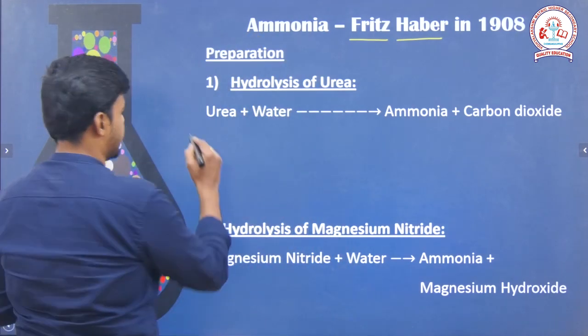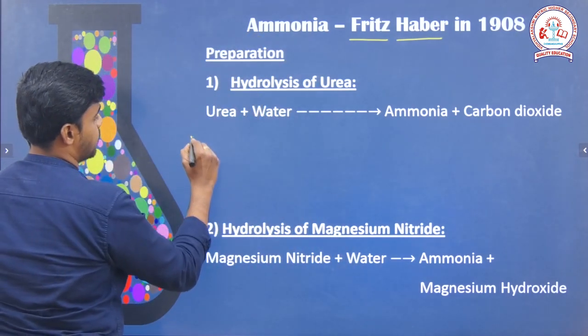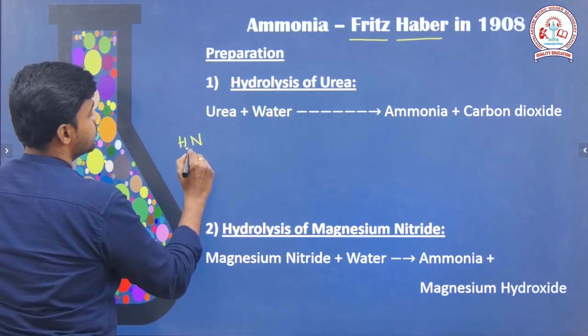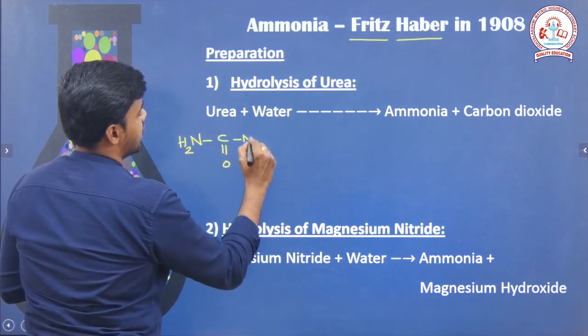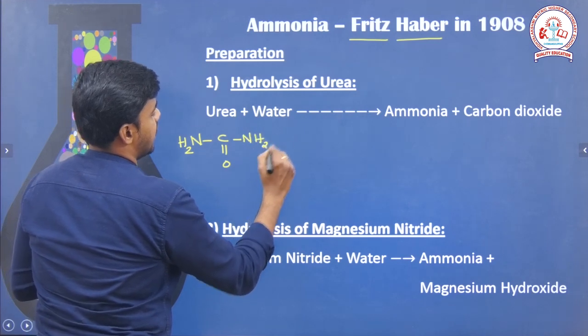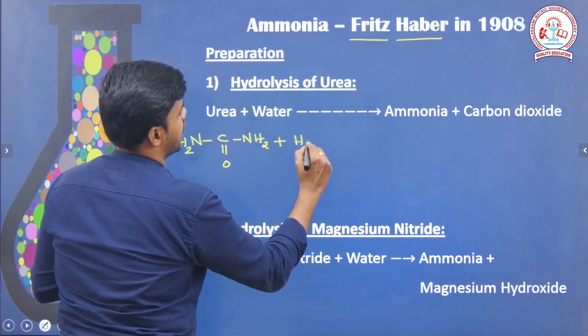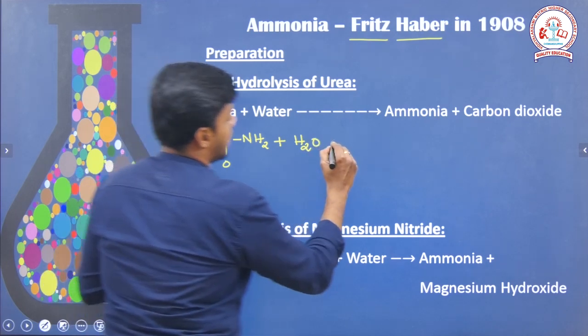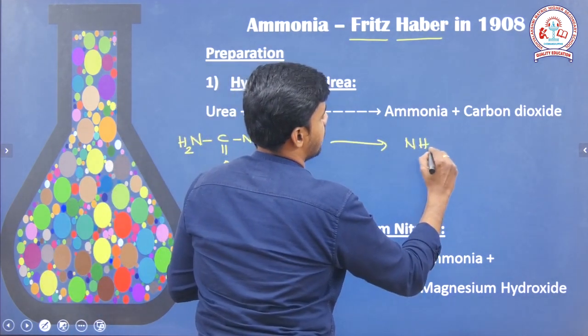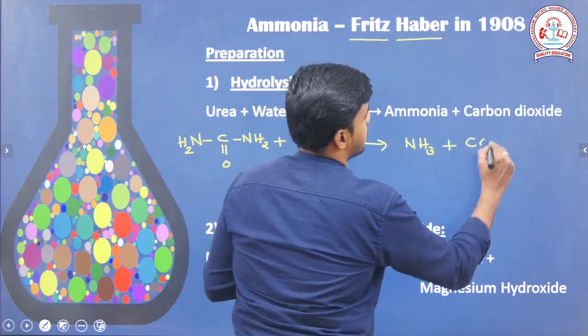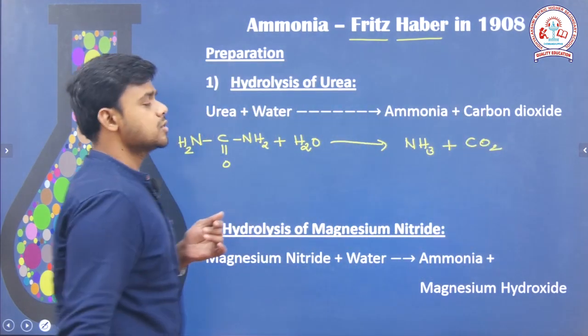So let us see what is the molecular formula of urea. Urea is NH2 C double bond O NH2, and when this is treated with water, our products are ammonia and carbon dioxide. So how does the bond break?